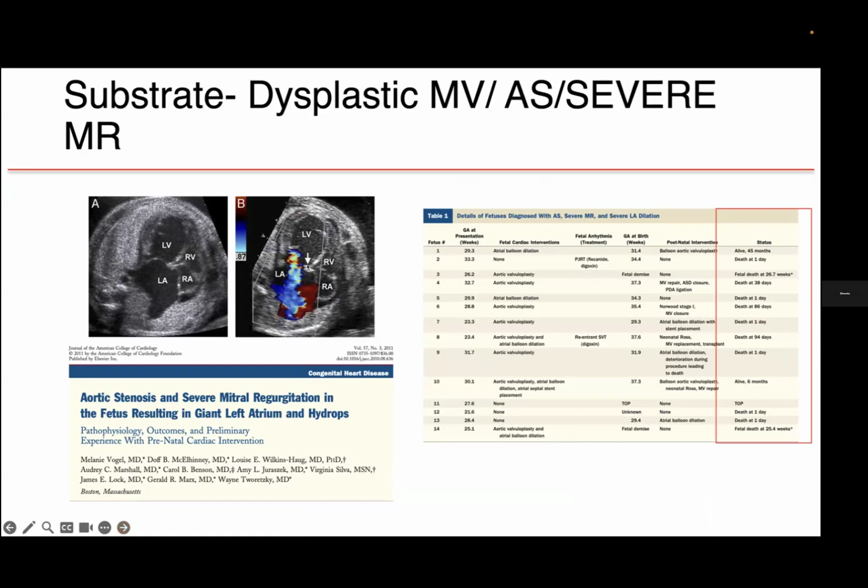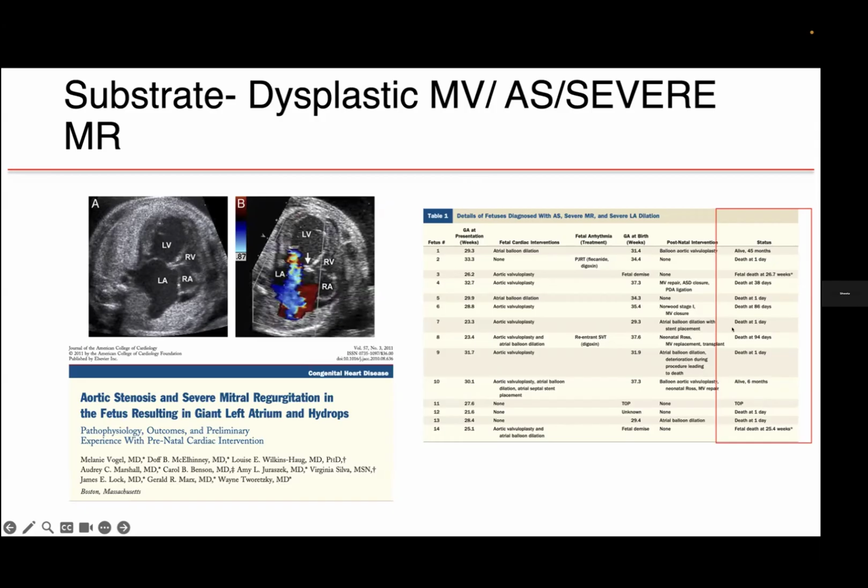So this is one of the substrates which has a really very poor outcome, and I would like to highlight it here. These are the cases of severe aortic stenosis with dysplastic mitral valve and severe mitral regurgitation. This is one of the papers published back in early 2000, which showed that wherever there was severe mitral regurgitation and LA hypertension because of the mitral regurgitation, they progressed to have hydrops, and with or without procedure had succumbed.